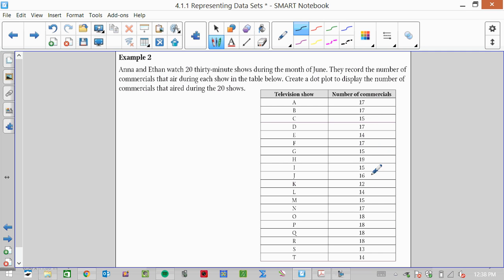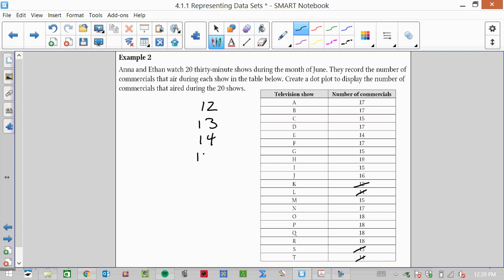So as I look here, I see the lowest number that I have is 12. So I'm going to rewrite over here 12. Next I know there's a 13 here somewhere. There it is. 13. There's a 14.